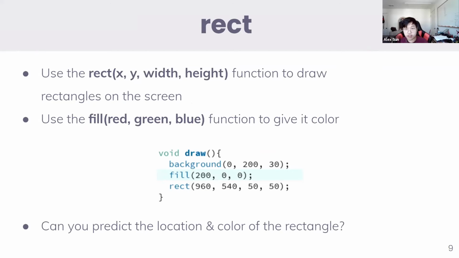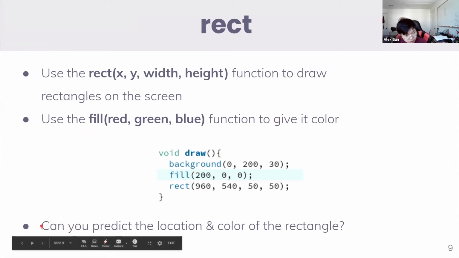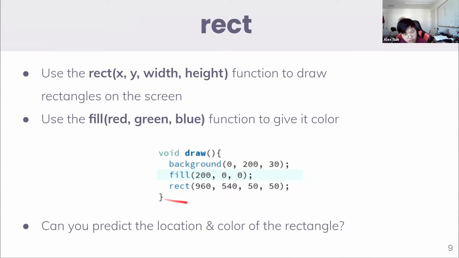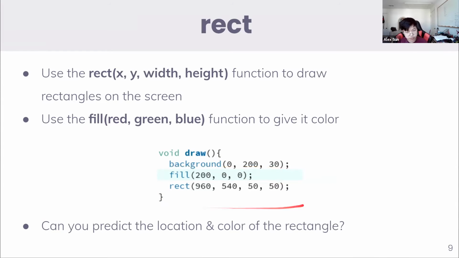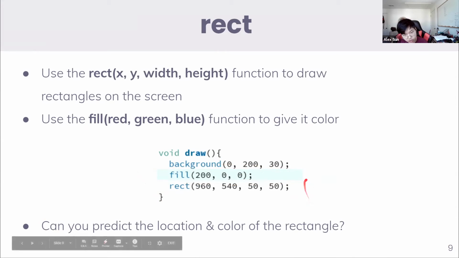All right, little exercise here. Can you predict the location and color of this rectangle that we drew here? Would anyone like to type in chat or unmute their mic, or someone just tell me the general color, not super exact, what color this rectangle would be and where in the canvas it would be drawn?